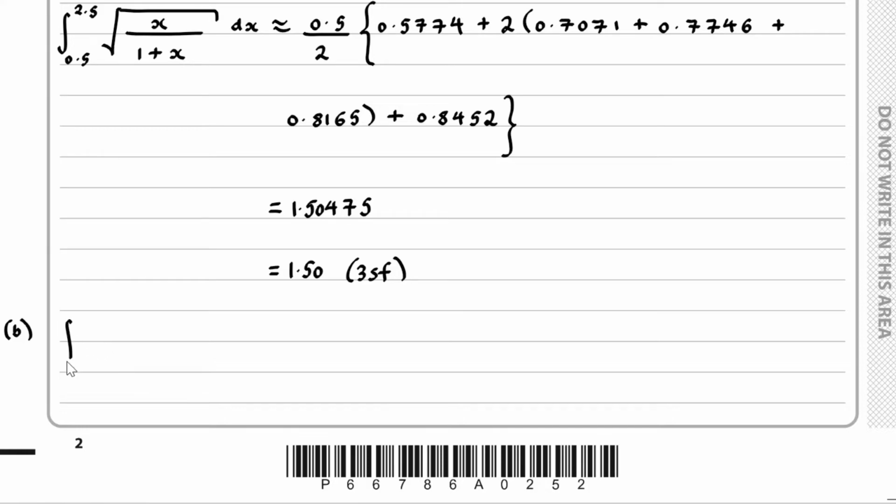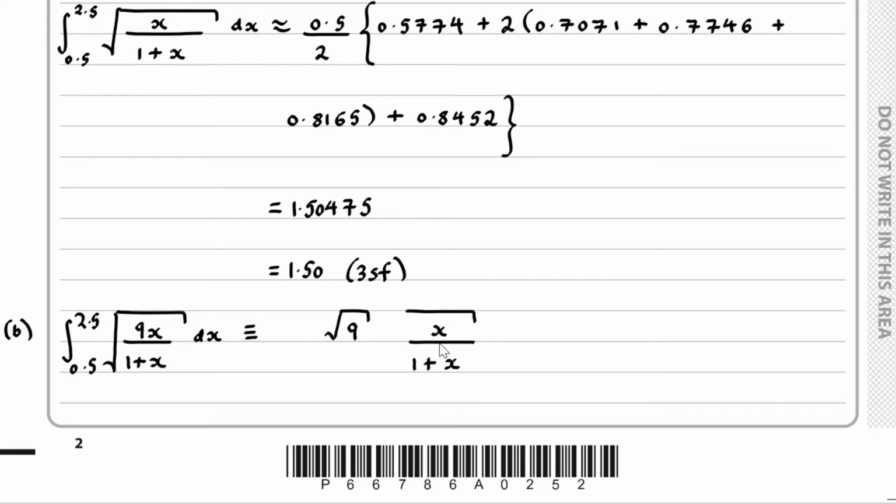So we have the integral of the square root of 9x over 1 plus x in between 0.5 and 2.5 with respect to x, and using the laws of surds, we can rewrite this as the square root of 9 multiplied by the square root of x over 1 plus x.